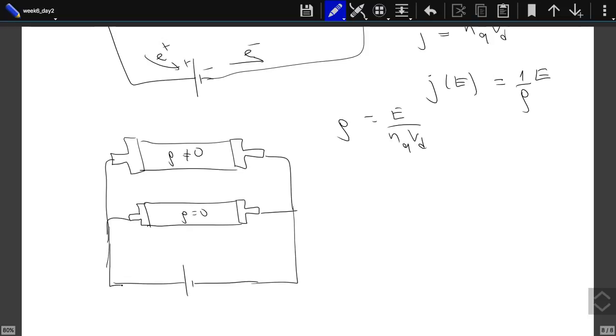There will be electrons leaving the negative terminal, and they will be absorbed in the positive terminal. Now this zero resistance conductor, you can imagine as a conductor with infinite drift velocity. Or you can imagine that the moment an electron reaches over here, it will be transferred to the other side. So here is the electron, and it can reach this one or this one. But the ones that reach this one instantly go to the other side.